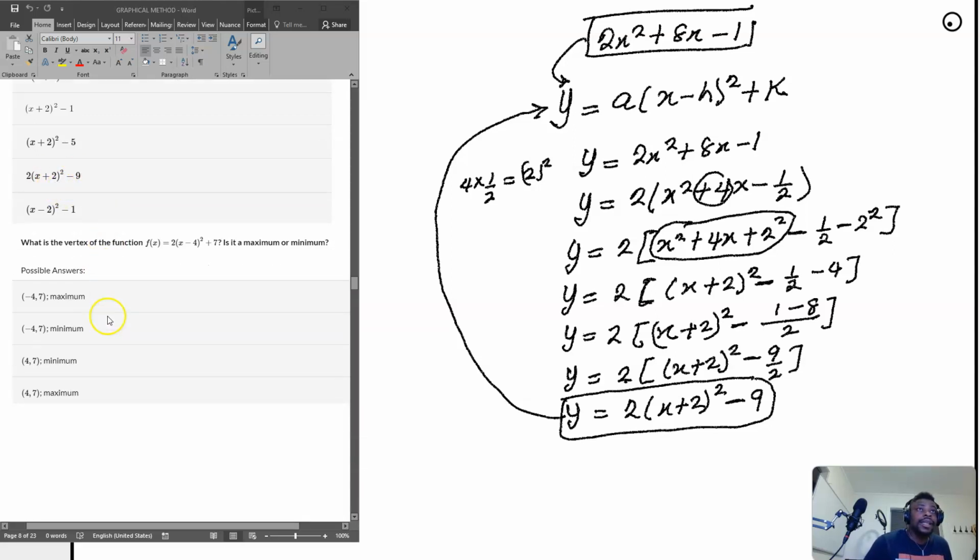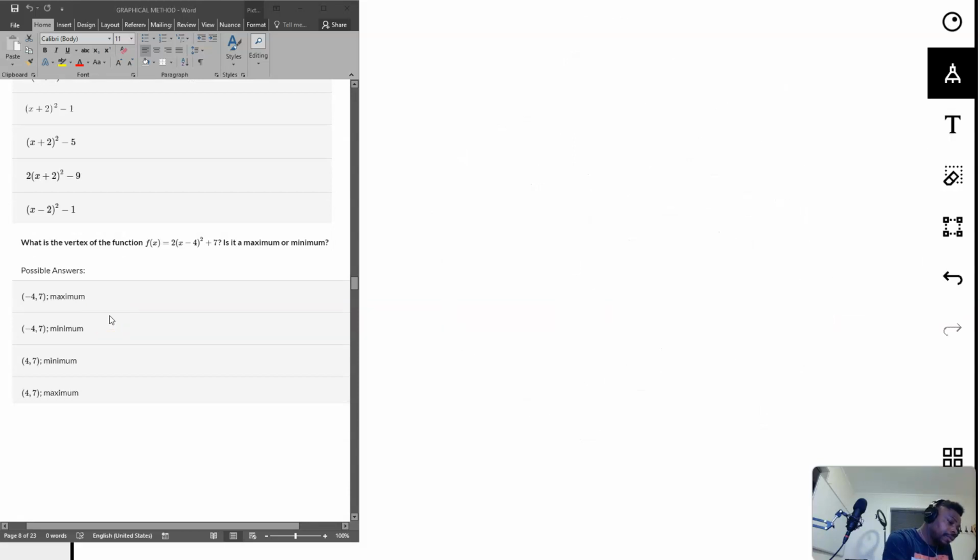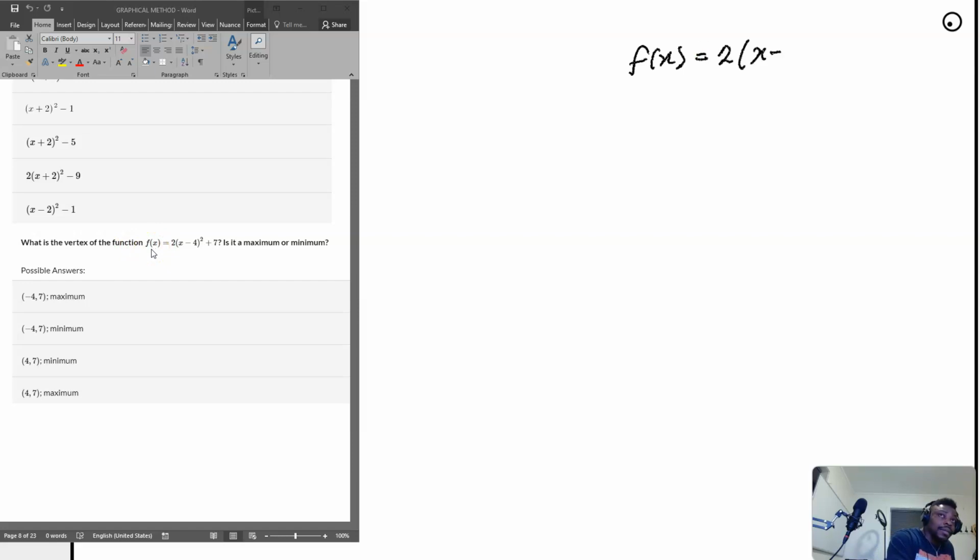The next one here, what is the vertex of function f of x is equal to 2 bracket x minus 4 squared plus 7? Okay? Is it a maximum or a minimum?